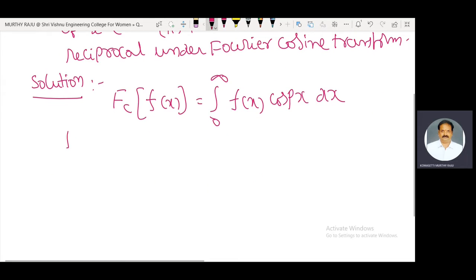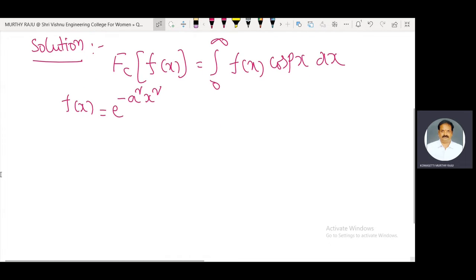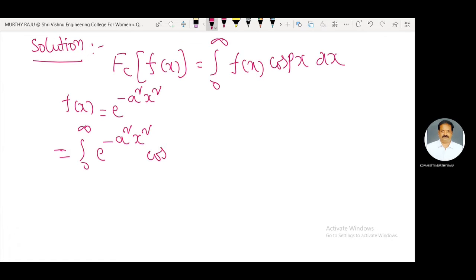Here the given function is f of x is equal to e power minus a square x square. Substitute in that equation, that is equal to integral 0 to infinity e power minus a square x square cos px dx.